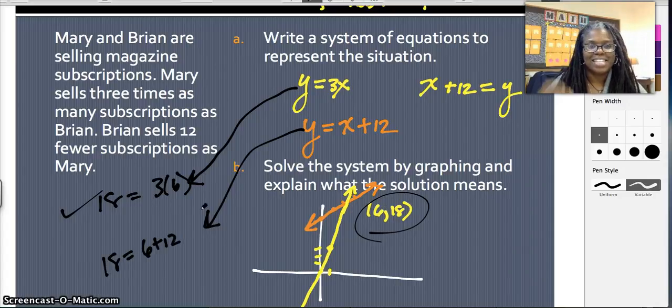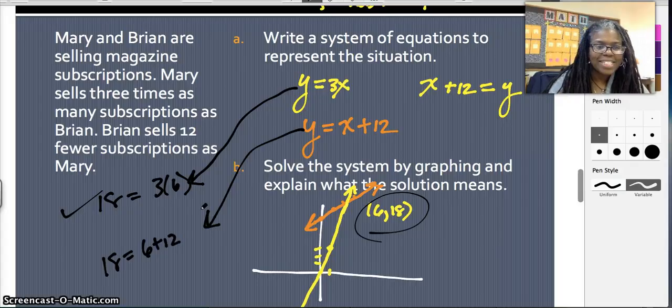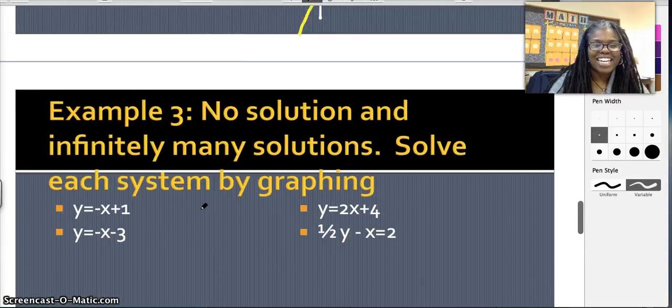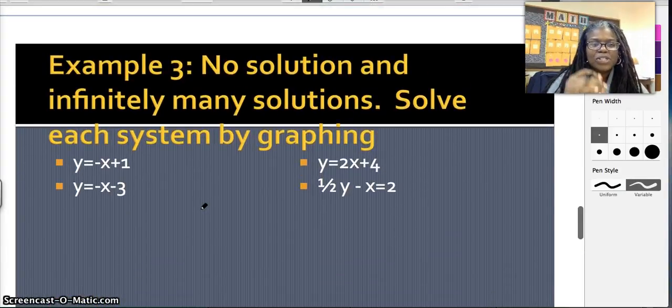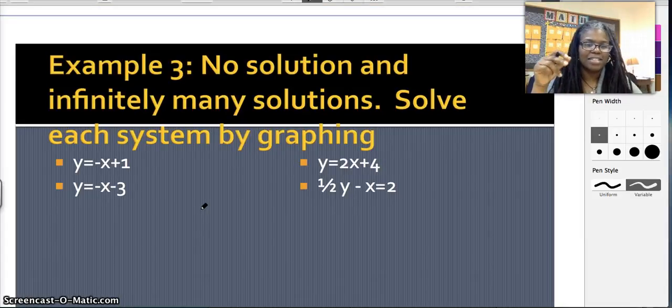So that's what it means that it satisfies it. As cool as that is, graphing is not an exact situation, right? So next time we're going to look at solving these with algebra, because algebraically we can get more specific with our answers.